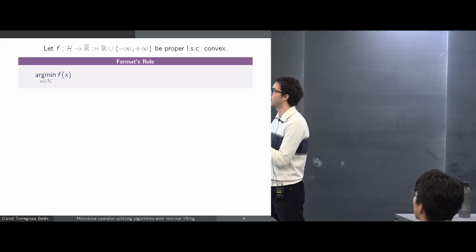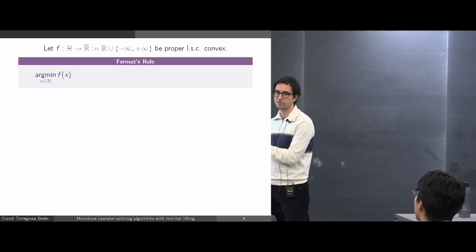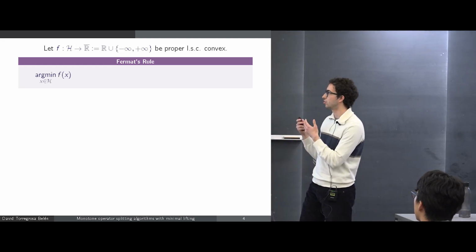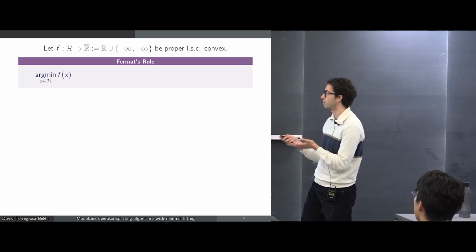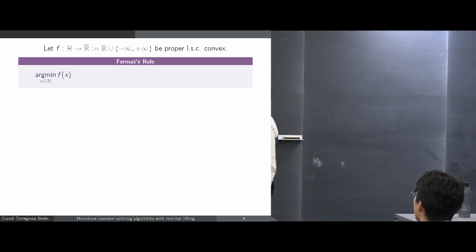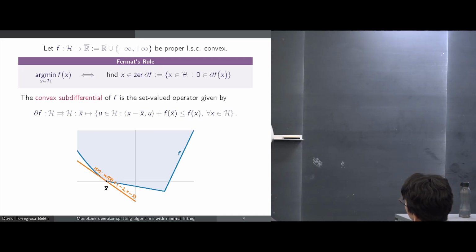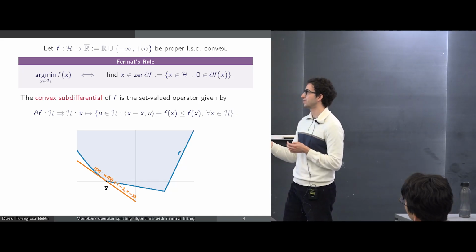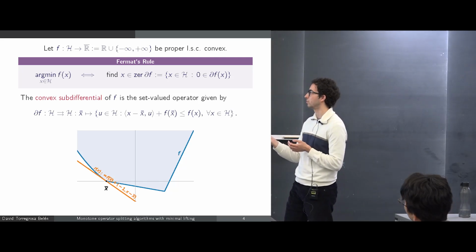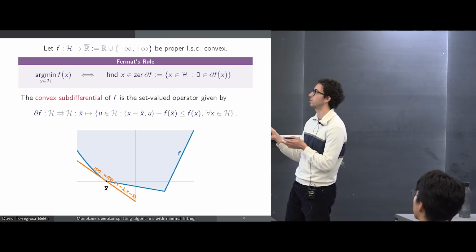But here we don't have in general differentiable functions, so what we have is a generalization of Fermat's rule that tells you that x is a minimizer of a function if and only if it is a zero of the subdifferential of the function. So this means that 0 belongs to this operator, which is the subdifferential evaluated at the point x.